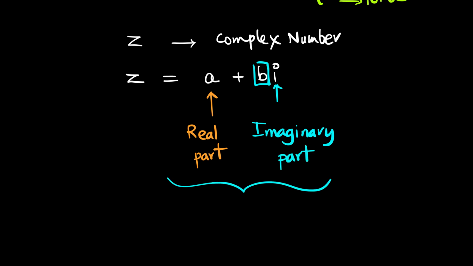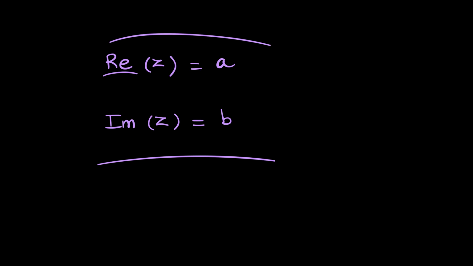They both add up to give us z, which is a complex number. So I can also say that the real part of z is a. Re stands for real, and Im stands for imaginary. The imaginary part of z is b.